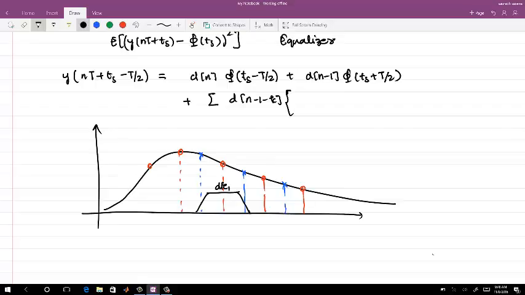Now for cancelling the second post cursor ISI, let me plot a different waveform. To cancel this one, you will have DFE2. Similarly, for cancelling the third one, you will have something else.